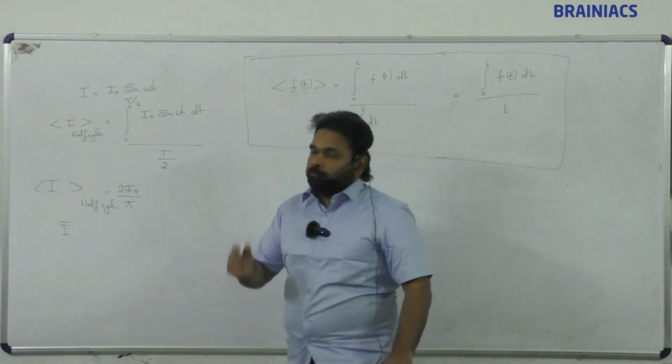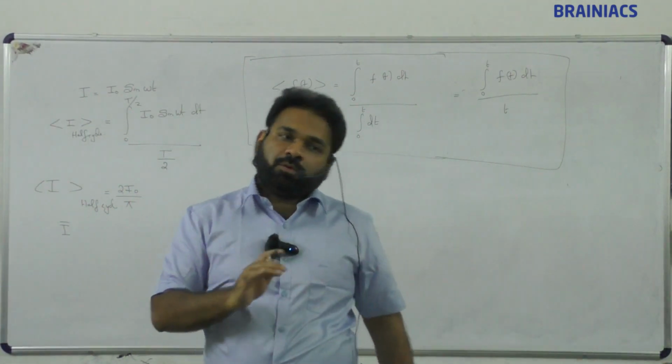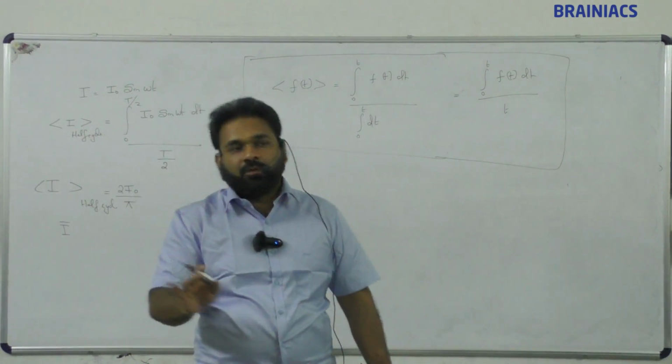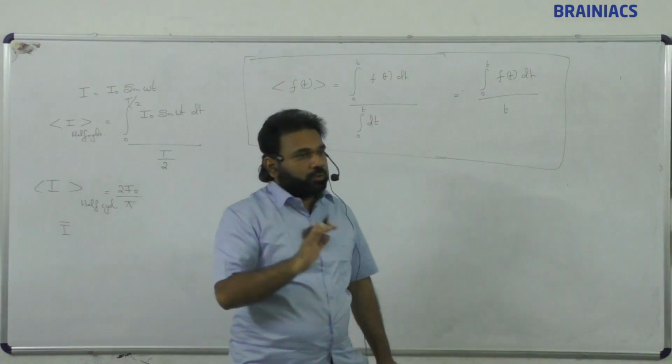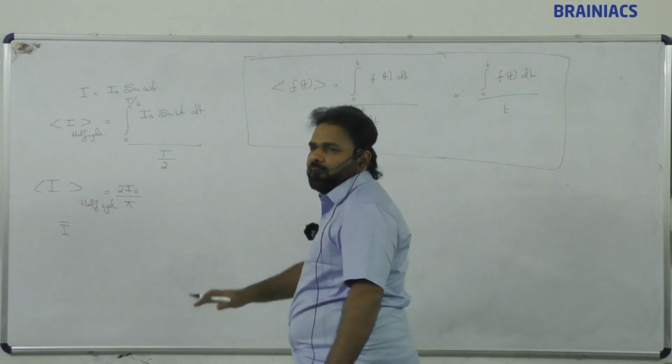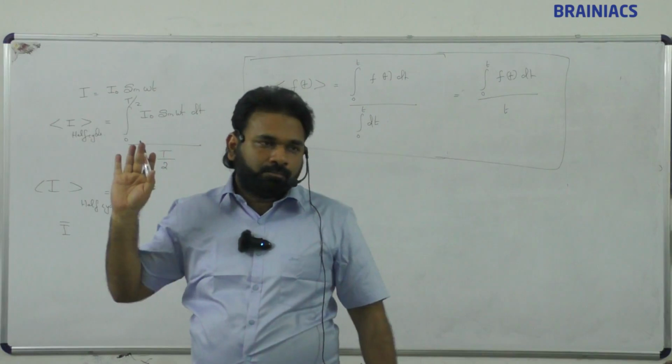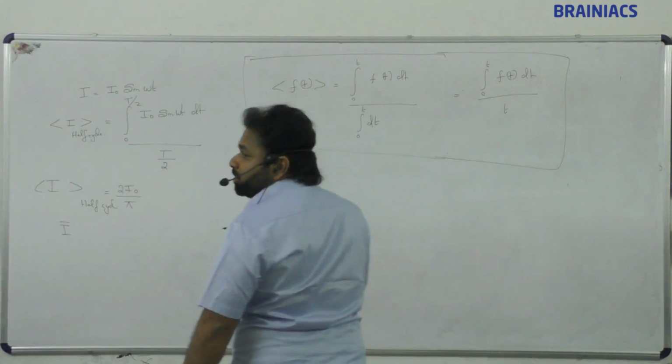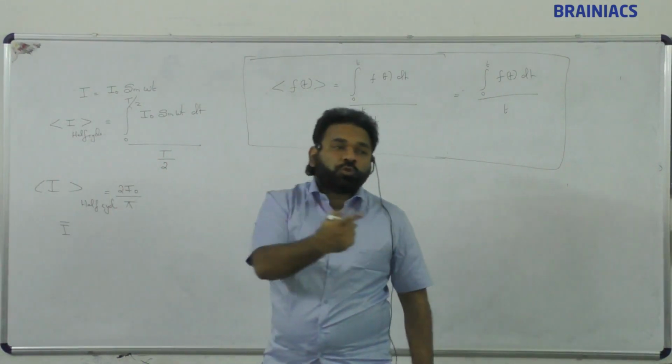So I said sin omega t or sin theta average value for full cycle will be 0. For cos also 0. Likewise I shall give you certain terms that are all 0. You need not waste your time trying to solve it.